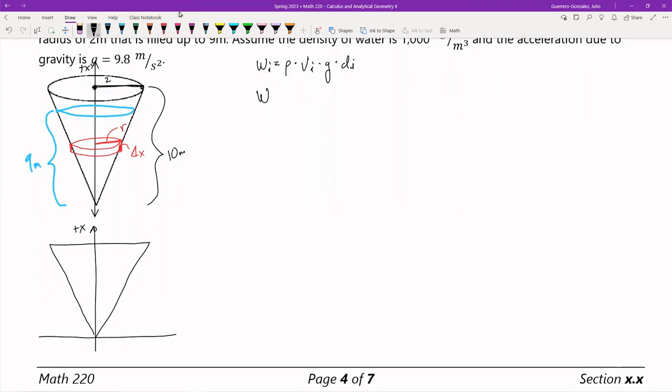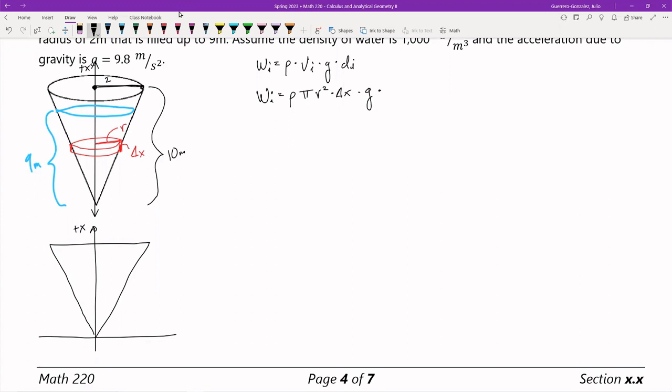The work to move this ice disk is going to be some rho times my volume for that ice disk. It looks to be a cylinder again, a disk of some sort. So this is going to be some pi r squared times delta x times gravity. I'm not going to play around with the gravity for right now, okay?